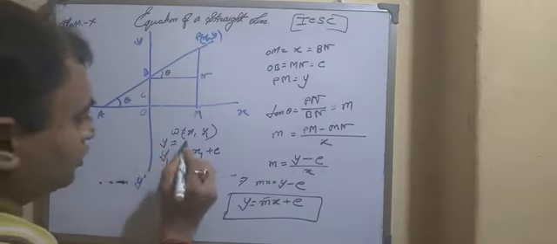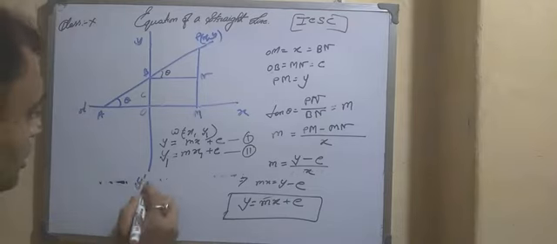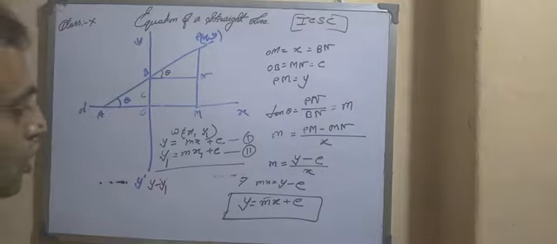Now if we subtract equation 2 from 1, then we get y minus y1 equals m into x minus x1. Why are we subtracting here?